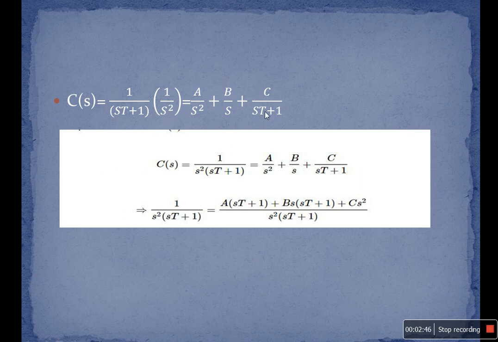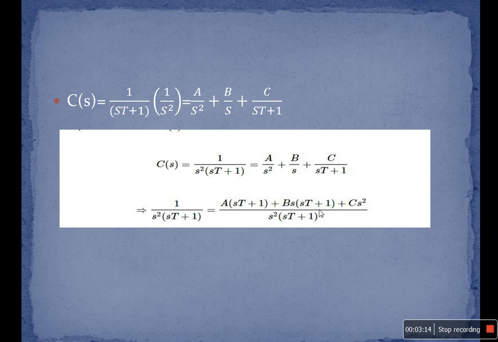After finding the a, b and c values, apply the inverse Laplace transform. So I substitute a by s square plus b by s plus c by s tau plus 1. Do the LCM for these terms. Then you get a into s tau plus 1 plus b s into s tau plus 1 plus c into s square, by s square into s tau plus 1.